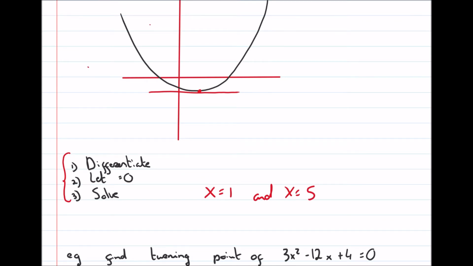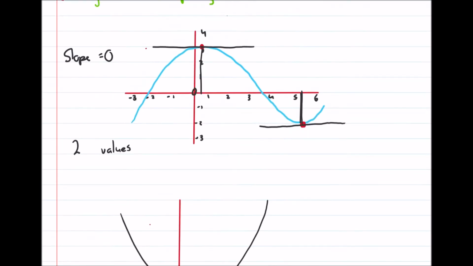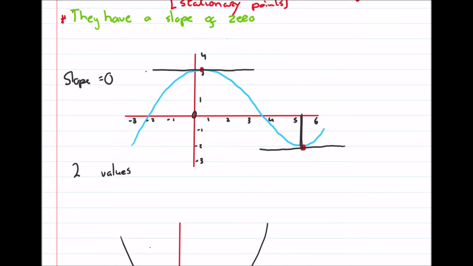What that would mean is that where x equals 1 is the one turning point, and where x equals 5 is the other turning point. It doesn't tell us though which one is the maximum and which one is the minimum, only the x value where each can be found.